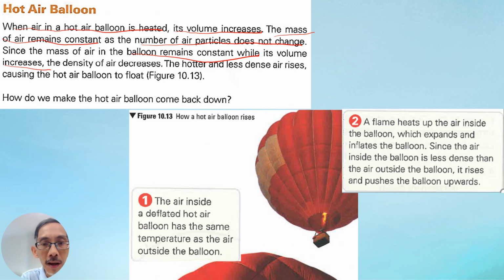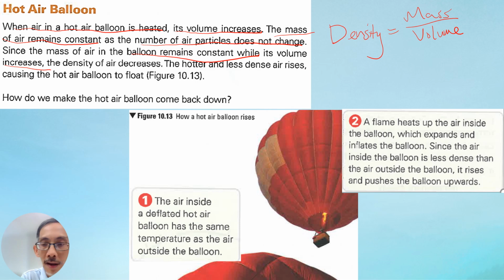Okay, so when this happens, you still remember the formula or the chapter, the topic of density. So what's the meaning of density or the formula? Mass over volume, right?